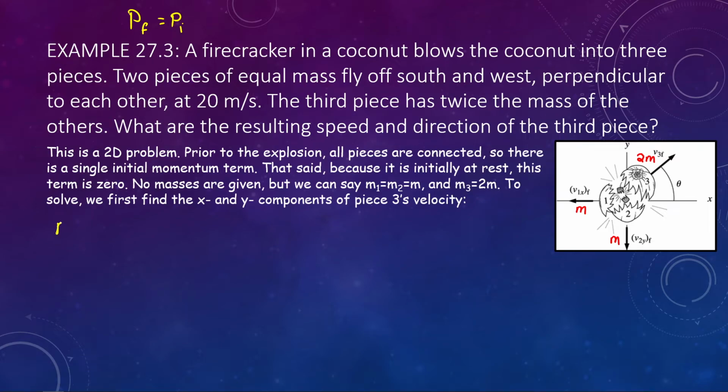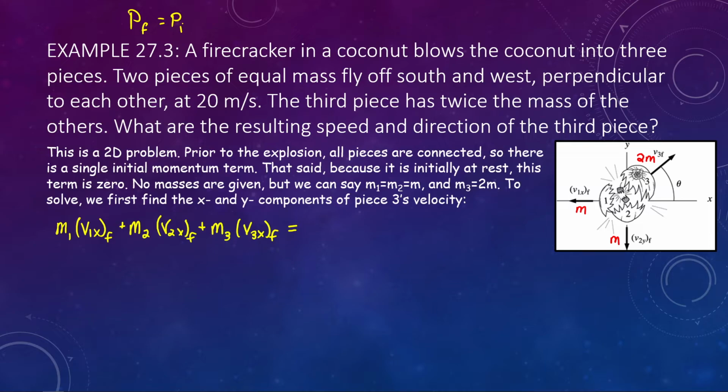We have mass 1 times velocity 1x final plus mass 2 velocity 2x final plus mass 3 velocity 3x final, right? 3 objects, so 3 terms in our equation.